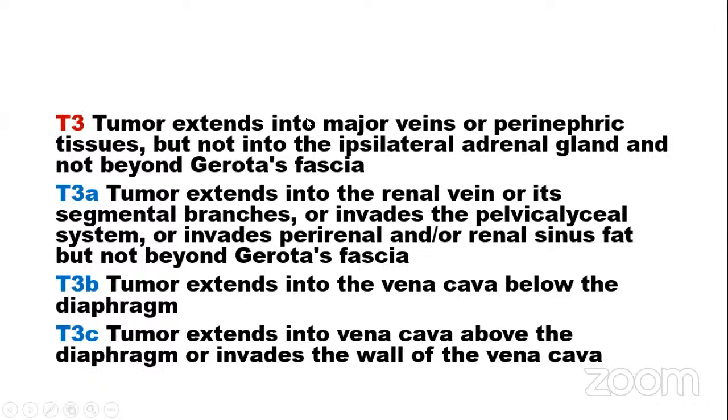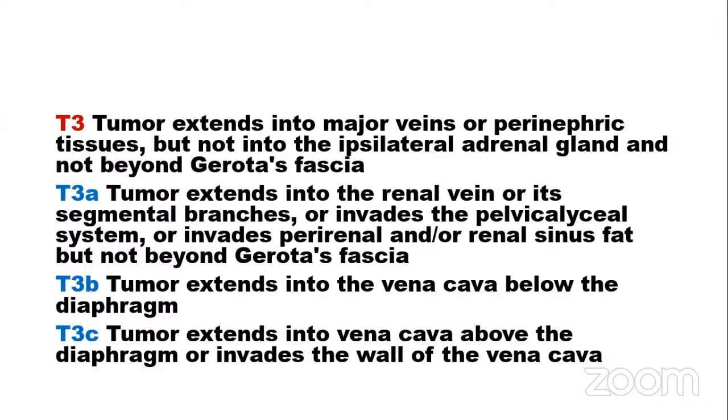T3, the tumor extends to the major vein, for example the renal vein, or perinephric tissue, but not into the ipsilateral adrenal gland and not beyond Gerota's fascia. T3 is divided into A, B, C. The A, the tumor extends into the renal vein and its segmental branches, or invades the pelvicalyceal system, or invades perirenal and or renal sinus fat, but not beyond Gerota's fascia. So this is the 3A.